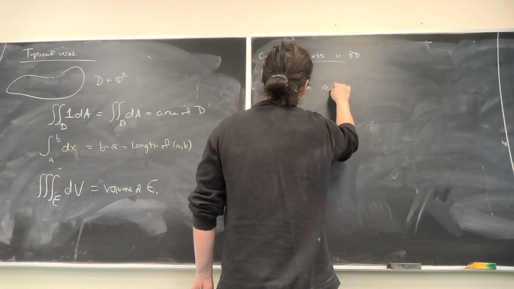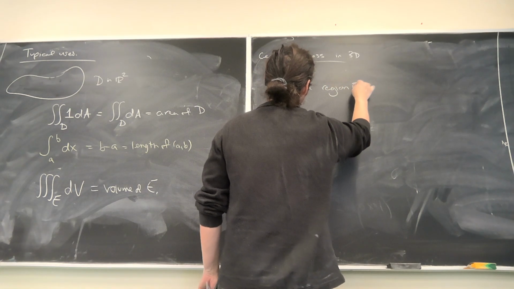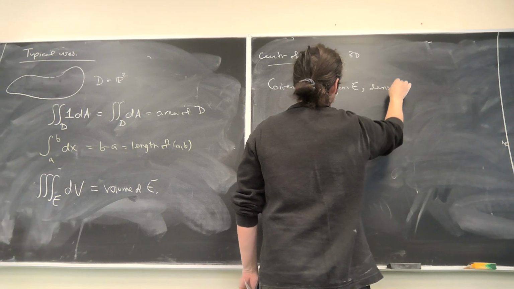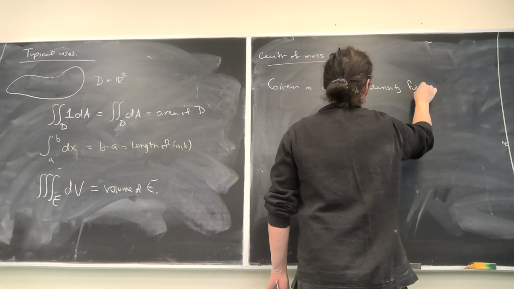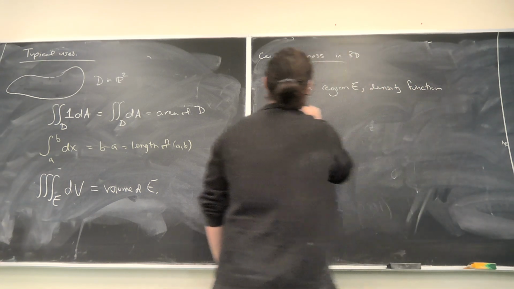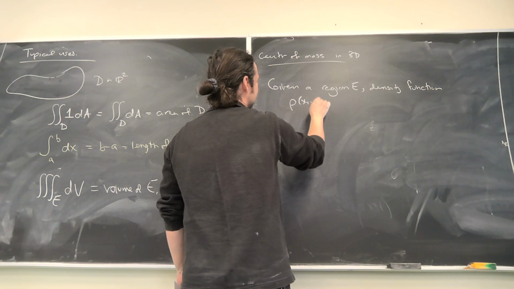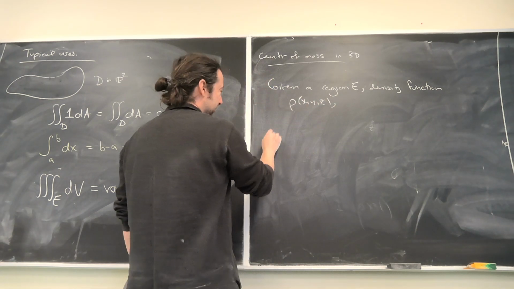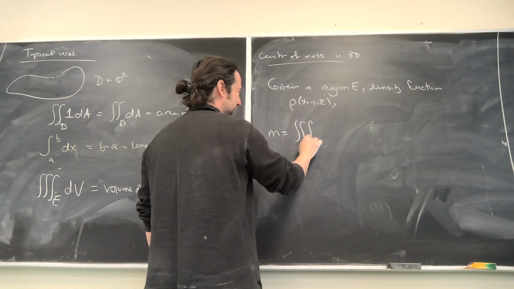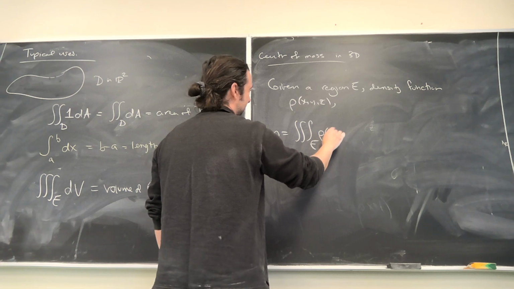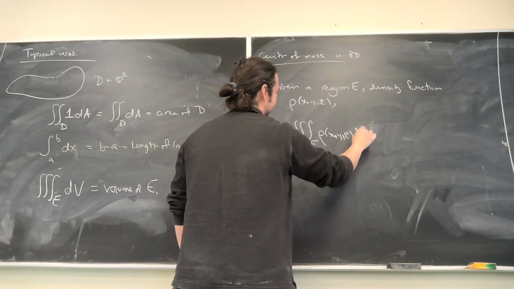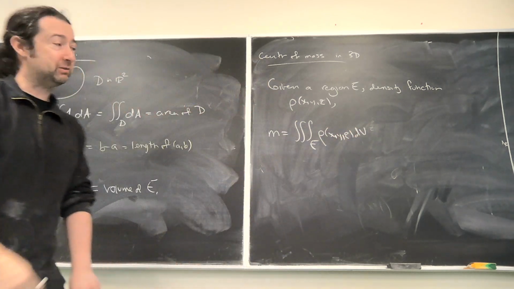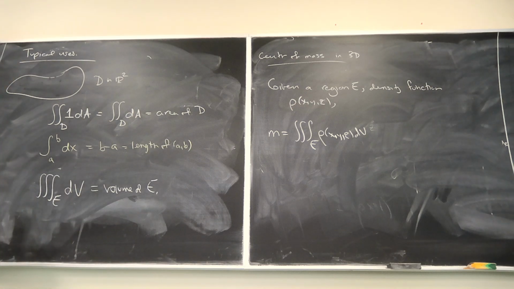Given a region E and a density function rho of x, y, and z, the mass is equal to the triple integral over E of rho of x, y, z dV. So you can imagine if I concretely ask you to do that, there's 3 integrals for you to do for the price of 1.